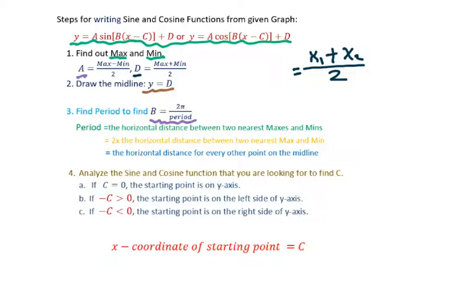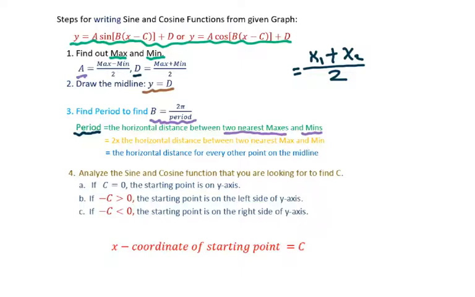So how can you get the period? Here are 3 ways to figure out the period. The horizontal distance between two nearest maximum values or two nearest minimum values will be the period.